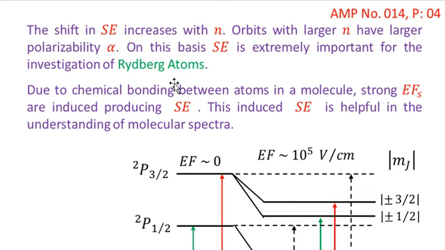You know that Rydberg atoms are considered to be the largest atoms, and for these larger atoms, the polarizability will be much greater under the application of the electric field. So we can easily discriminate between different Rydberg states of an atom, depending upon the value of polarizability or on the shift in the Stark effect under the applied electric field.